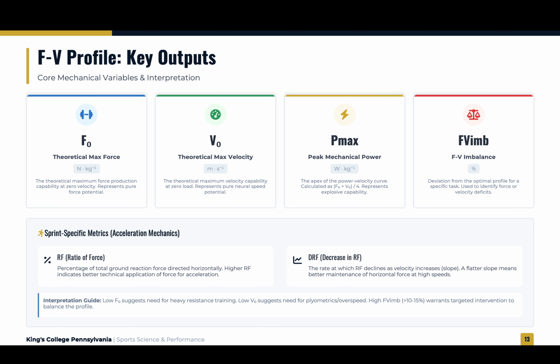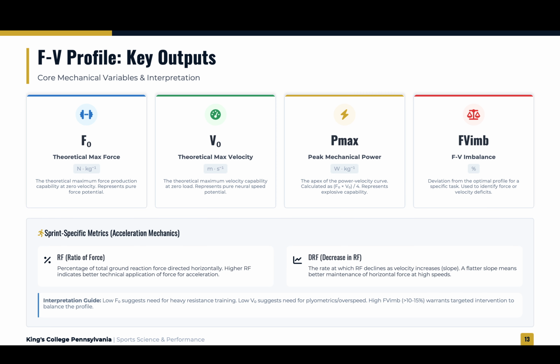The profile and key outputs here. The specific metrics, we already defined some. It's theoretical max force, theoretical max velocity, and peak mechanical power, maximal power, which is the apex of the power-velocity curve, calculated as we said, maximal force times maximal velocity divided by 4, and represents explosive capability.